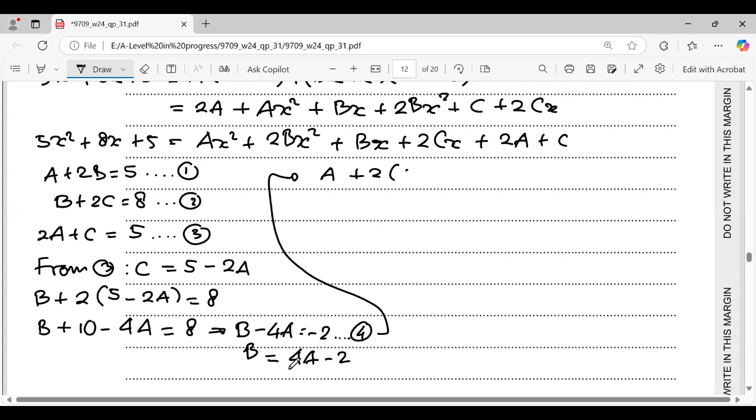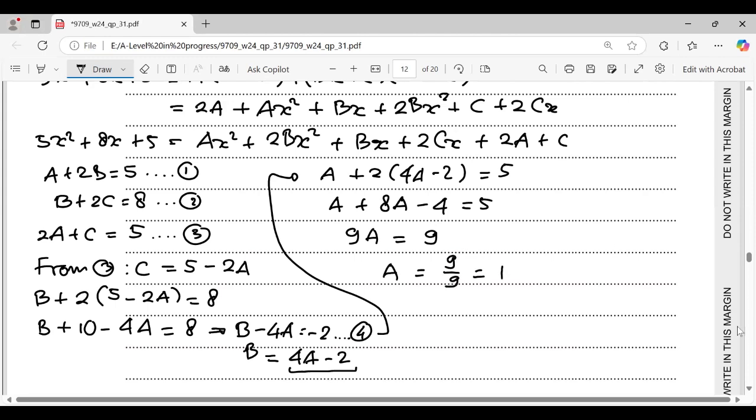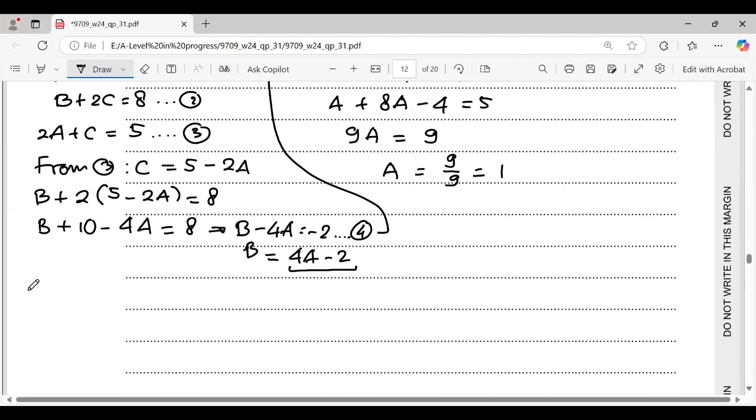Okay, substitute this one, 4a minus 2, equal 5. So it's going to be a plus 8a minus 4 equal 5. So 9a equal 9 because 4 plus 5. So a equal 9 over 9 equal 1. So a equal 1.